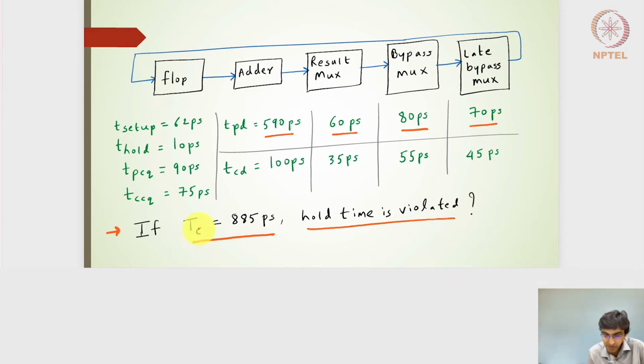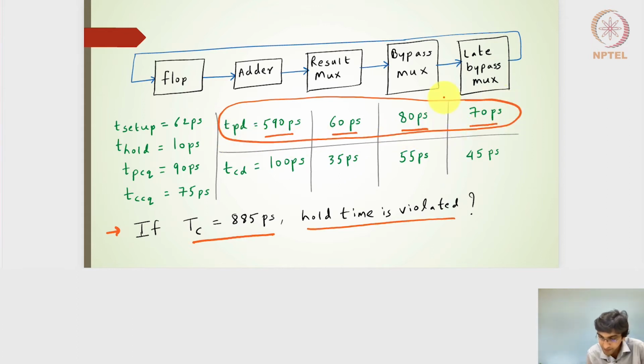So if I look into the TC of 885 picoseconds, what we really want to know is, if I take the propagation delay, that means the output of the adder, output of the result mux, output of the bypass mux, output of the late bypass mux, these outputs are actually the steady state outputs. Right, when we consider the propagation delay, it is nothing but the steady state outputs. It is not the glitch which goes up and down before reaching a steady state value.